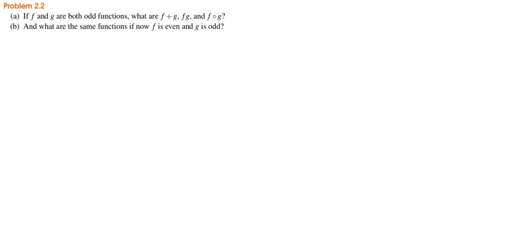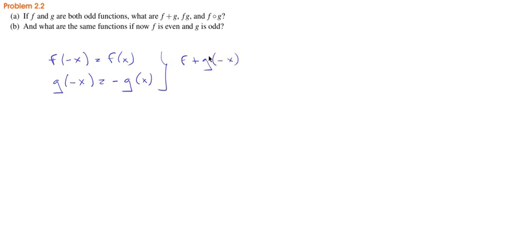Now question b is, what are the same functions now if f is even, so f of minus x is equal to f of x, and g is odd, so g of minus x is minus g of x. Well, let's do the same thing. f plus g of minus x is f of minus x plus g of minus x. Now f is even, so this is the same as f of x, and this is minus g of x.